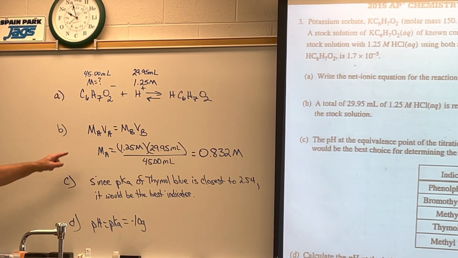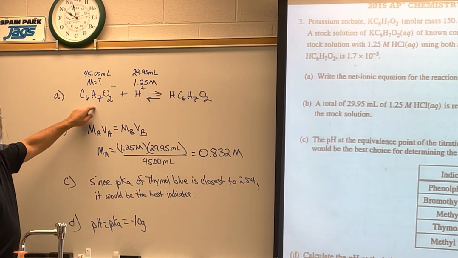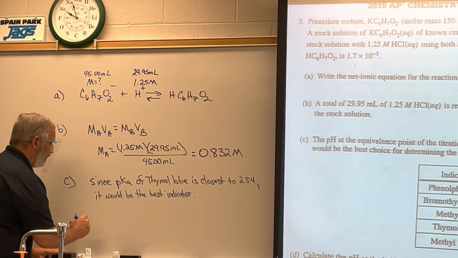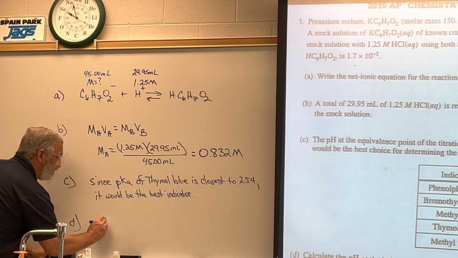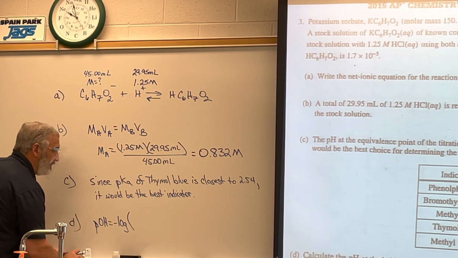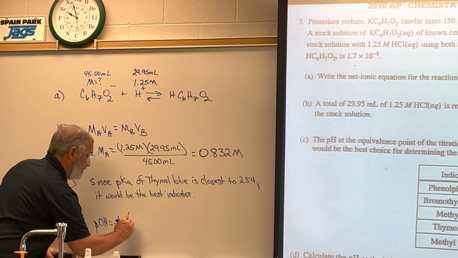In this case, it's not going to be the pH, because this is a base, okay? So therefore, pOH is equal to the negative log of what? pKb.